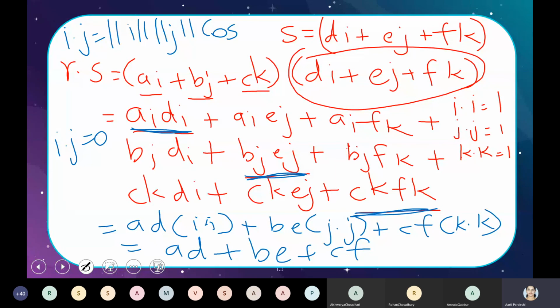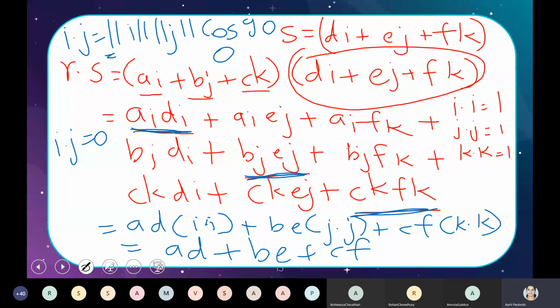I is the X axis, J is the Y axis. Then what is the angle between the X and Y axes? 90. Very good. And what is cos 90? 0. So this is 0.